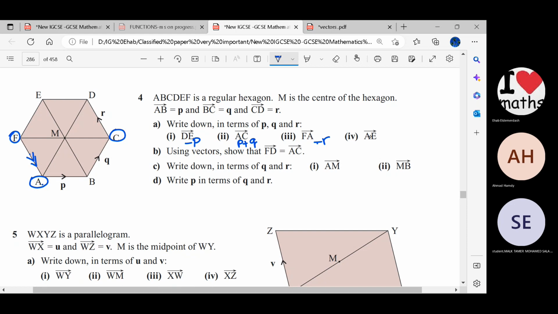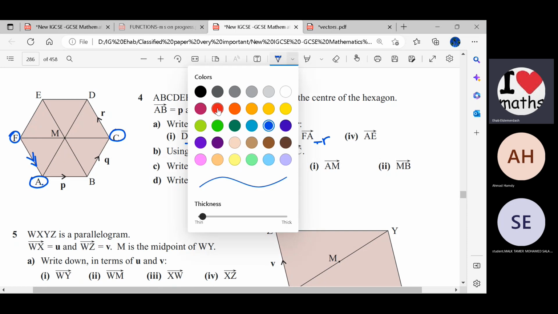Now I need one of you to tell me about the AE vector. I want to go from the point A to the point E. I need any of you to help me please.